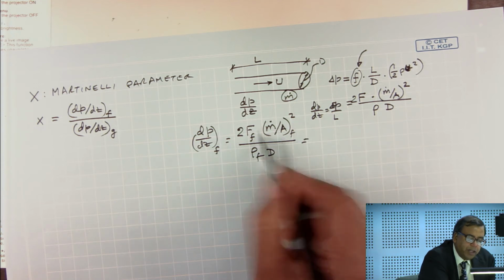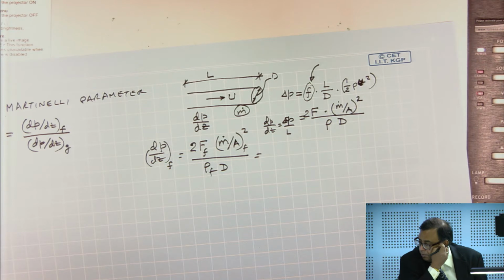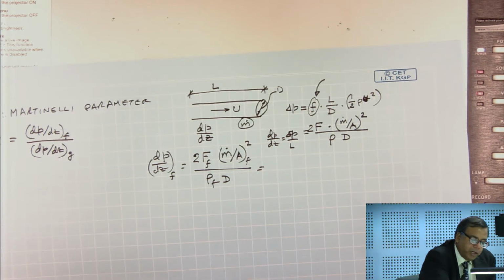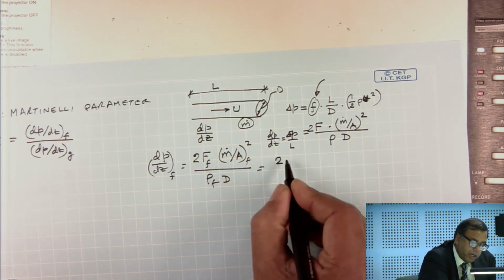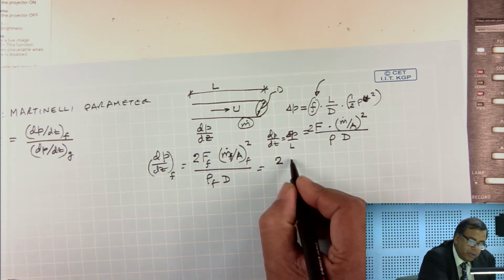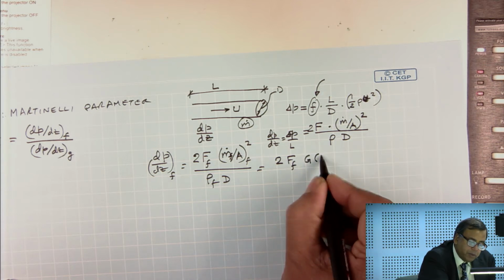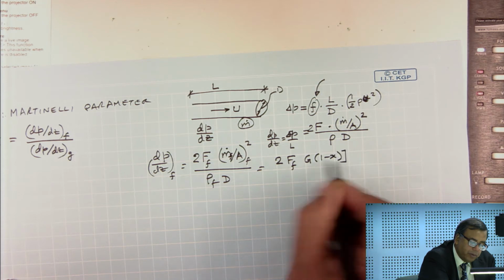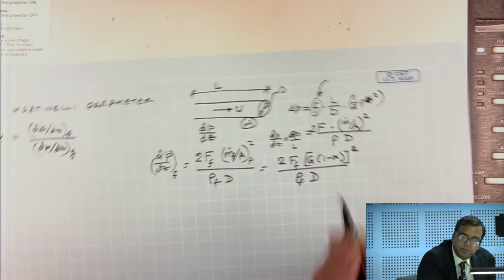And so, m dot by A, what did we call the m dot by A? Mass velocity, right. So, I can represent it by G essentially. So, this would be 2 times the friction factor times G times 1 minus x whole squared divided by rho f times d.